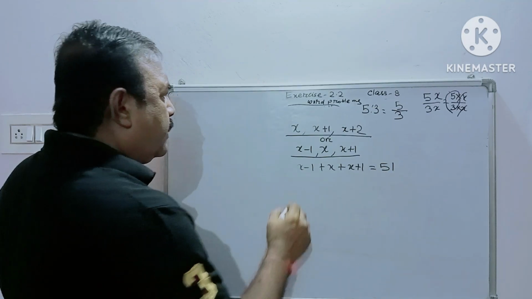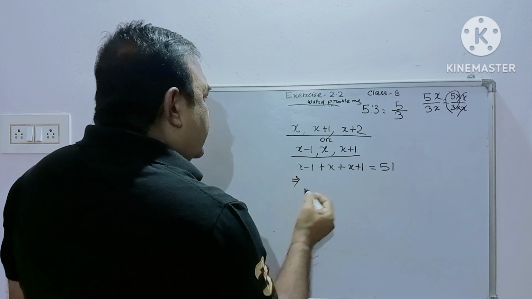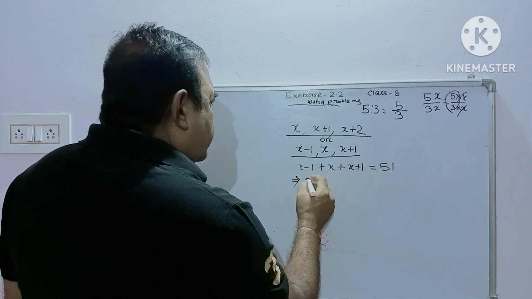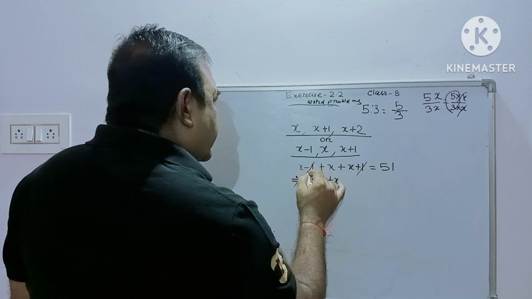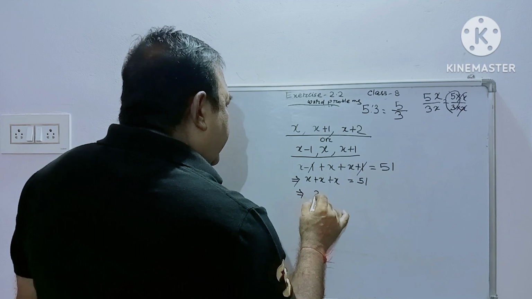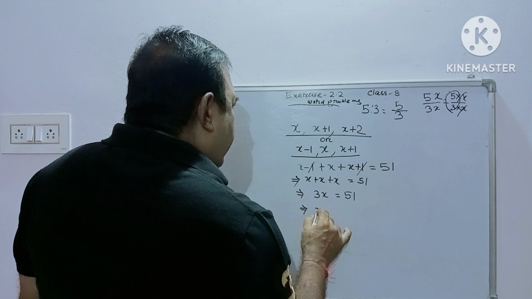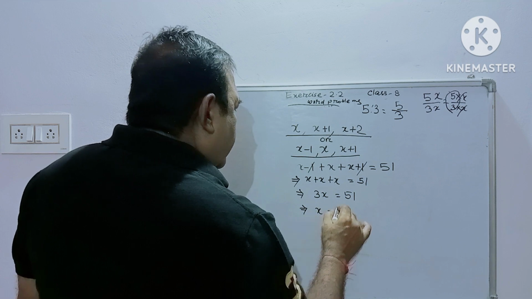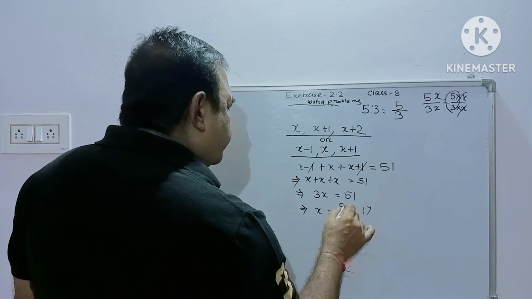This is the equation and we have to solve it. You bring the like terms: plus 1 minus 1 cancels. That means 3x is equal to 51. That implies x is equal to 51 upon 3, that is equal to 17.